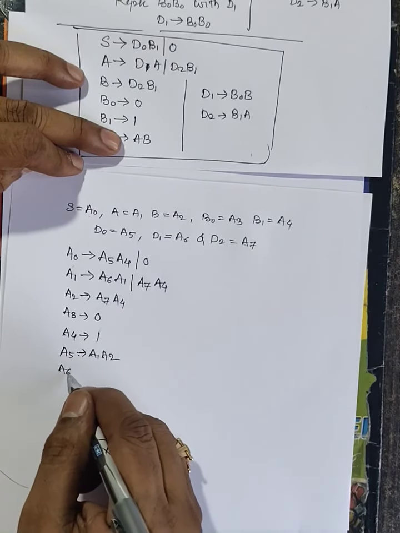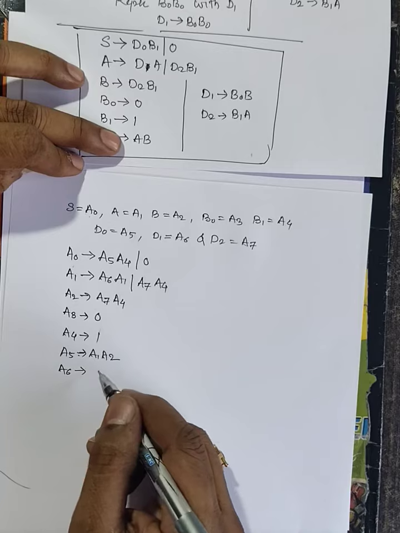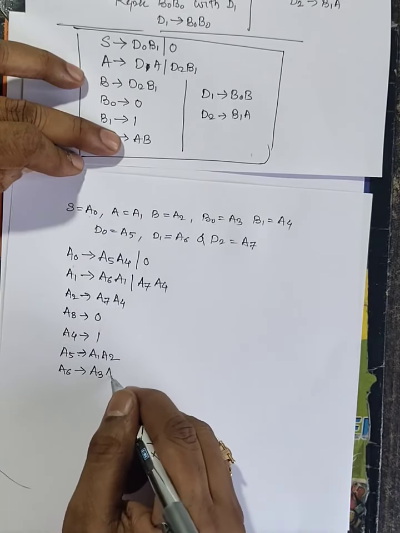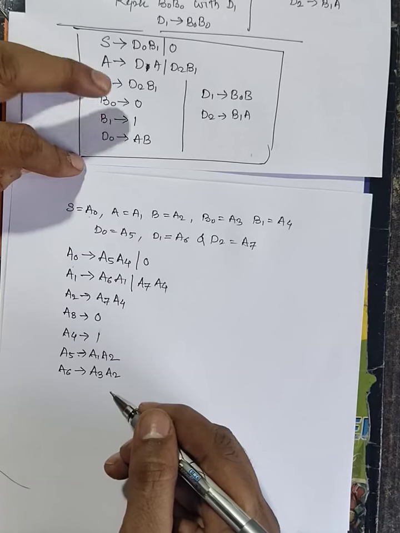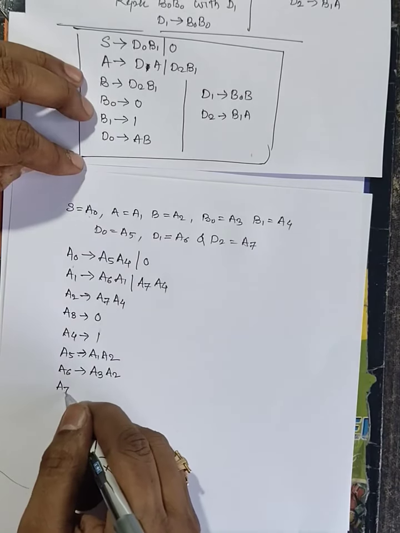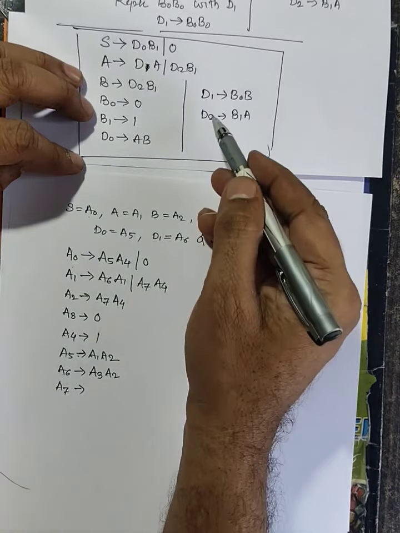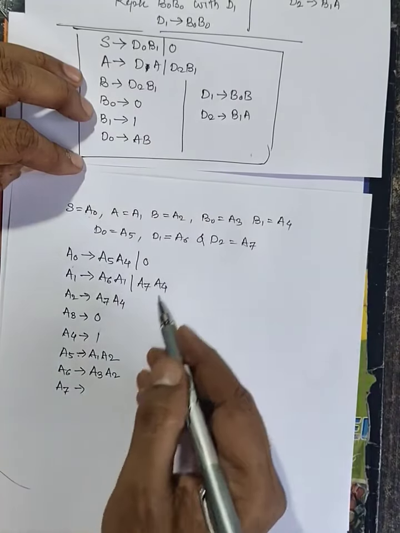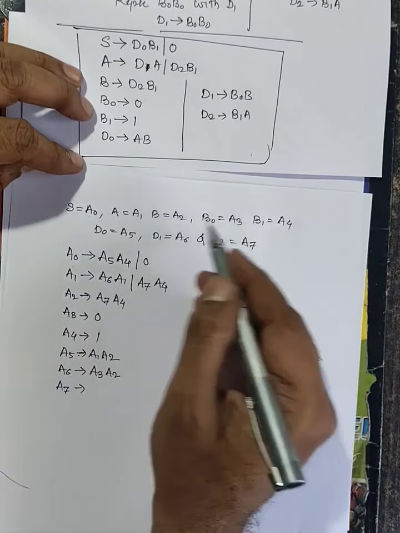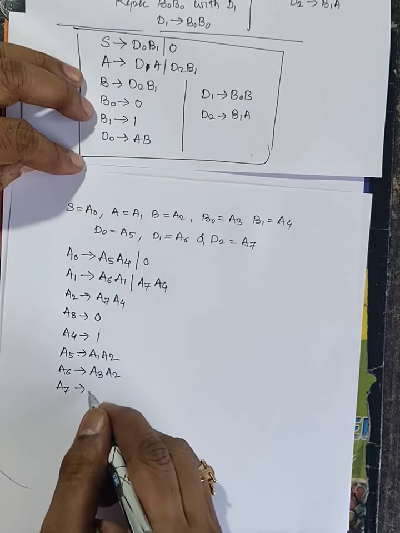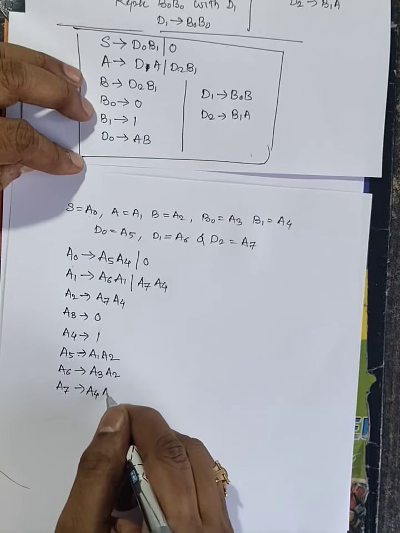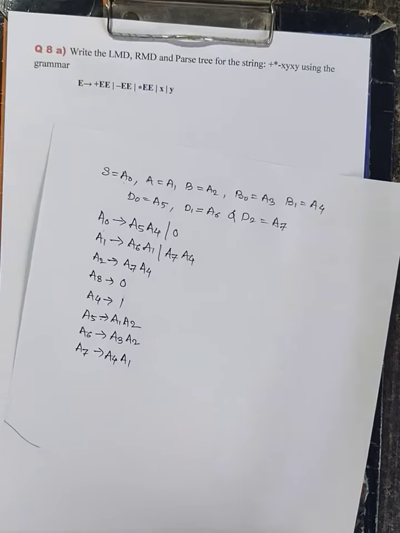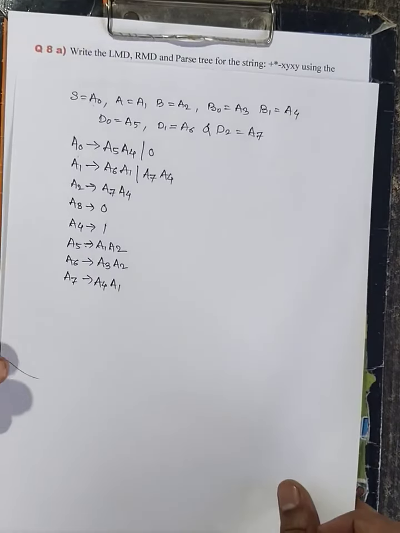A6 produces A3 A2. A7 produces A4 A1. Now convert this grammar into GNF.